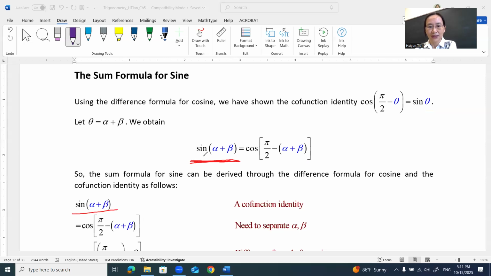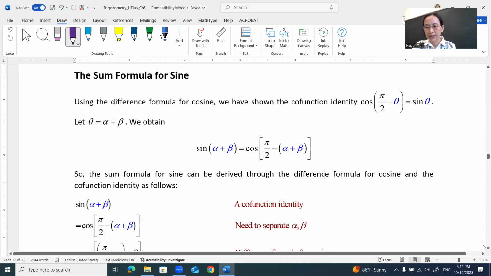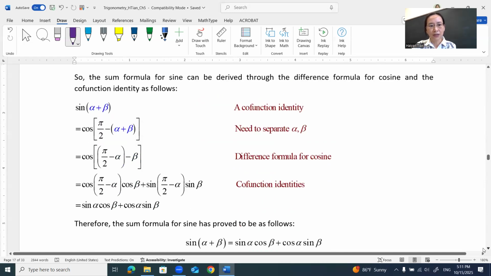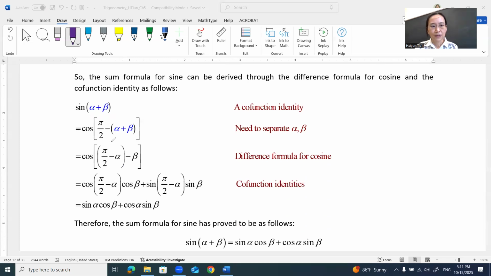Okay, so sine of this sum is equal to cosine of the difference of half of pi and the sum of alpha and beta. And then we continue from here. You see this difference, we can put minus alpha minus beta, right? Because minus the sum means minus alpha minus beta. So we group the first two terms together: half of pi minus alpha, and then minus beta.